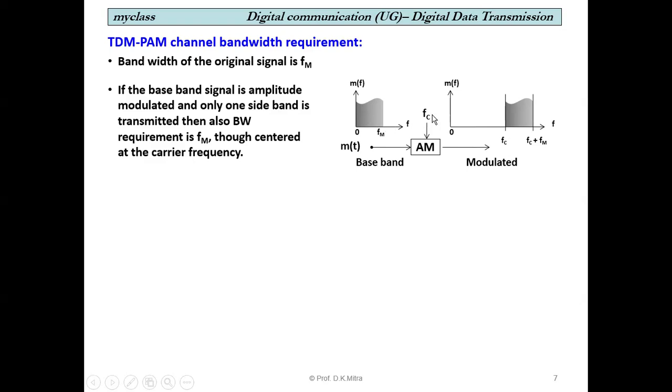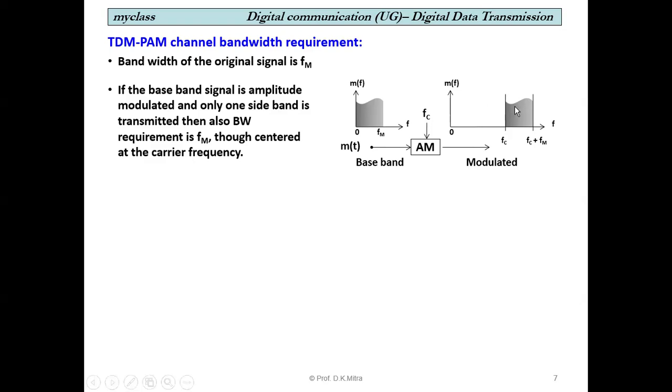When cos FMT is multiplied by cos FCT, it produces an FC plus FM component, and also an FC minus FM component. But both sidebands carry the same signal, so practically we use only one sideband, right?